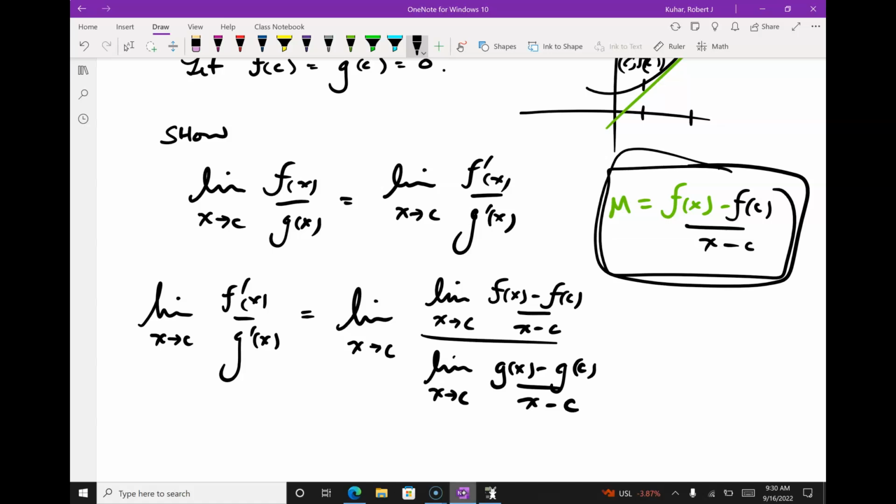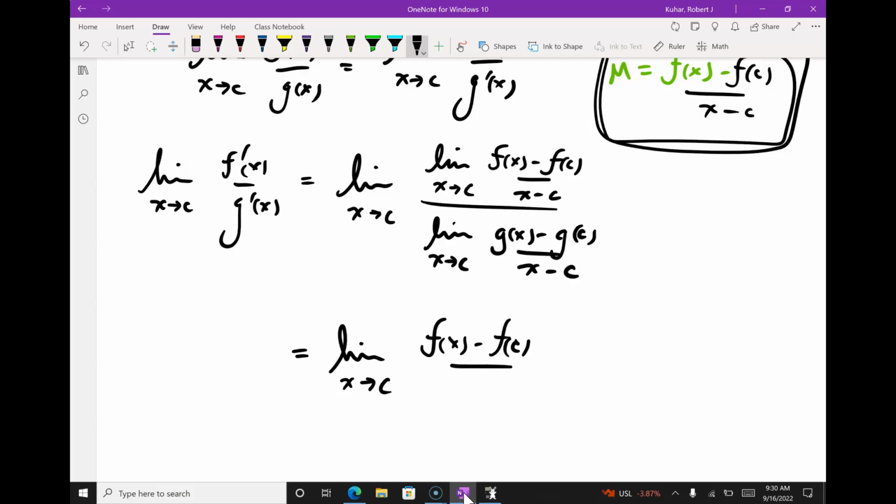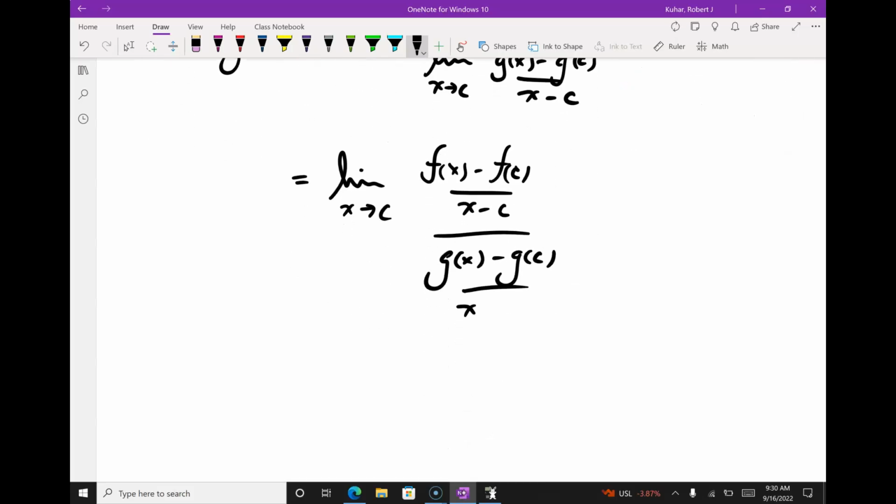So I'm really just looking at this as a single limit as x goes to c of f of x minus f of c over x minus c, right? I don't need to write all those limits, because I know x is going to c.